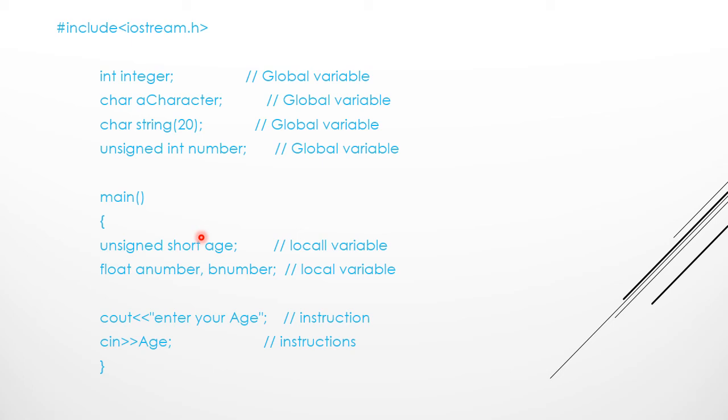For example, if I call the variable short age outside the main function, in any other user-defined function, then the program will show an error. If I have to use a variable inside the main function and outside the main function, then definitely I have to declare it outside the main function as a global variable.